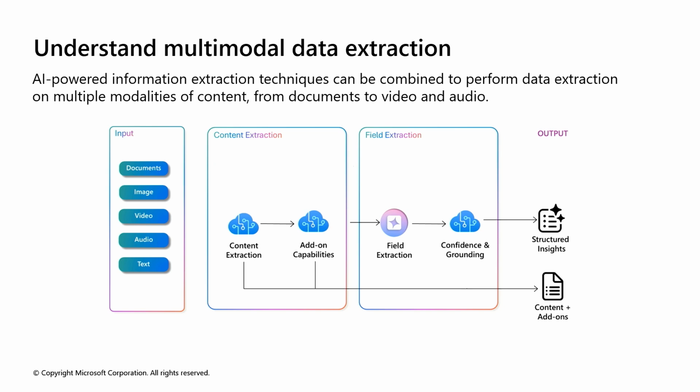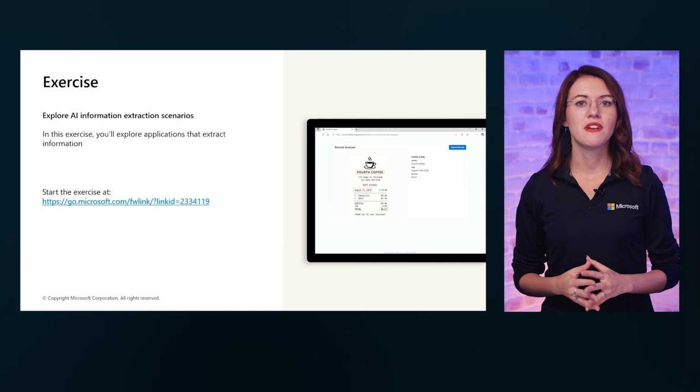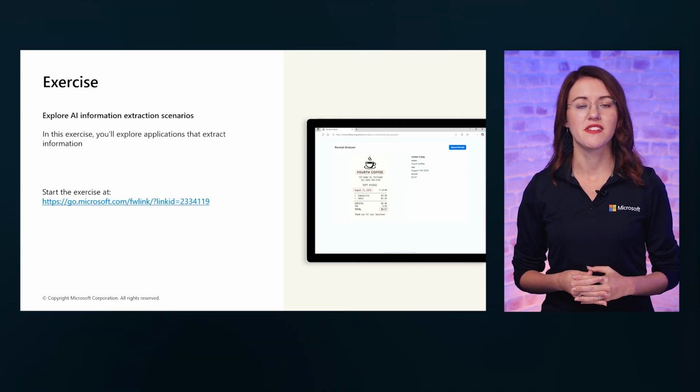For example, a user could request a summary of a legal contract, and the system would create that field dynamically. These combined techniques unlock powerful capabilities for organizations, enabling them to extract, interpret, and act on information across diverse content types. We will now explore AI information extraction scenarios.